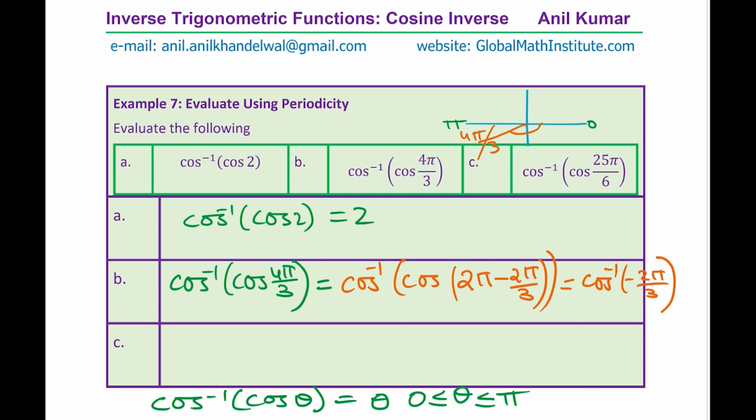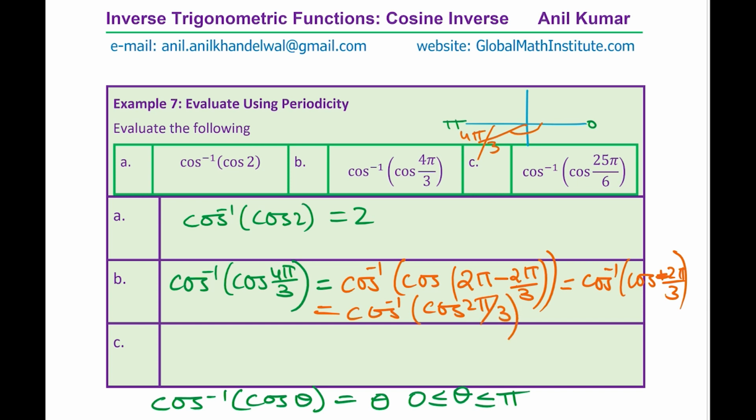Since cos is an even function, we can write this as cos inverse of cos 2 pi by 3, correct?